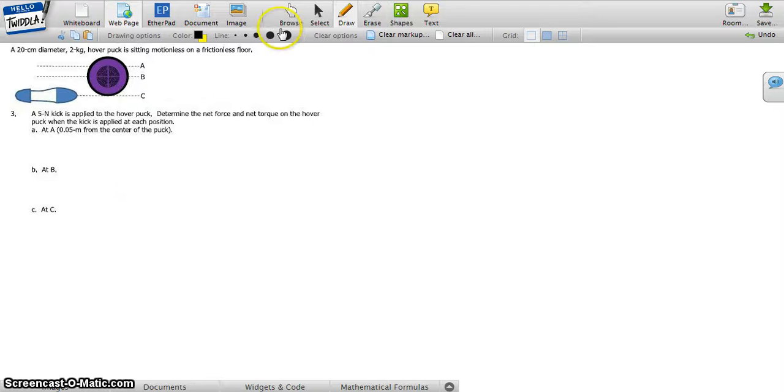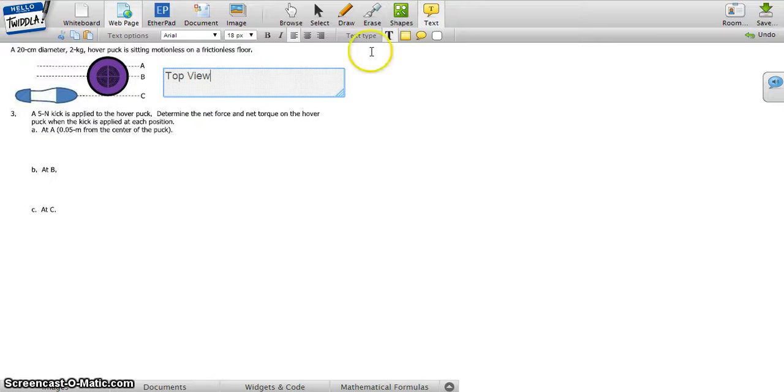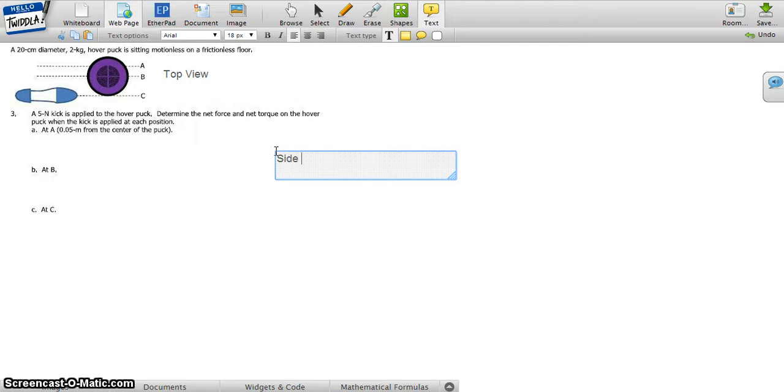Okay, well, first of all, let's consider the hover puck from a side view. So this, again, is the top view, or bottom view, whatever. And let's look at a side view now. Okay, so here's the hover puck.